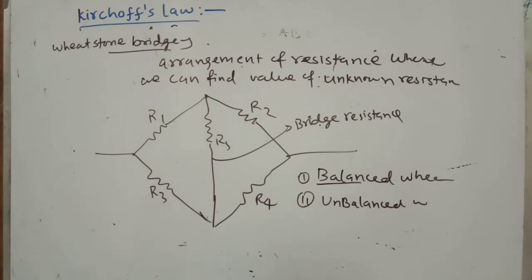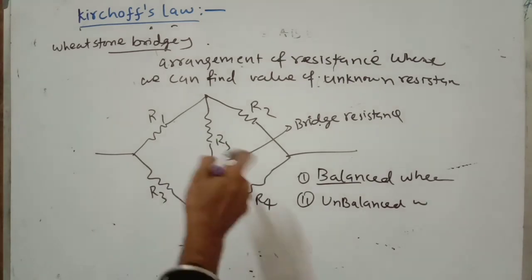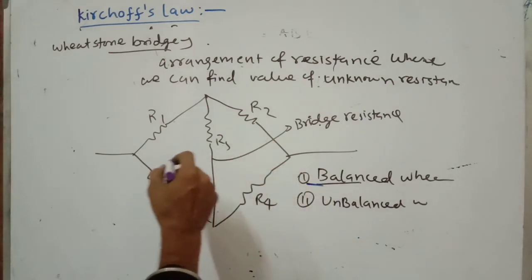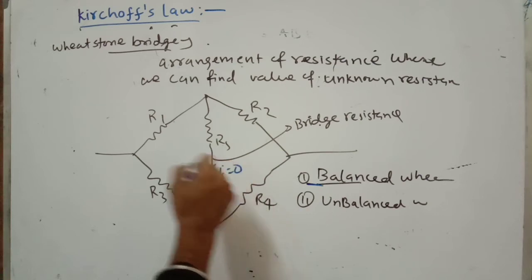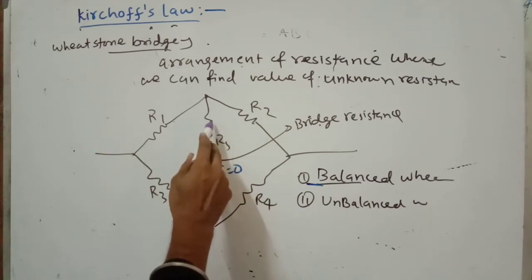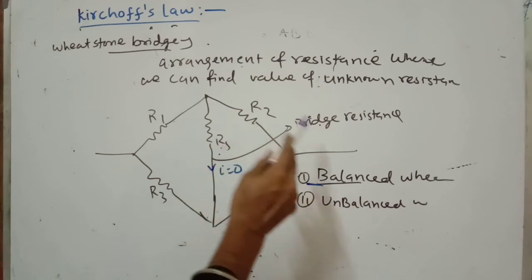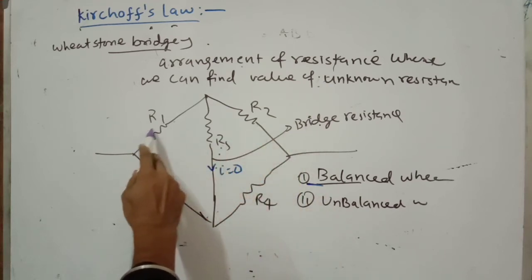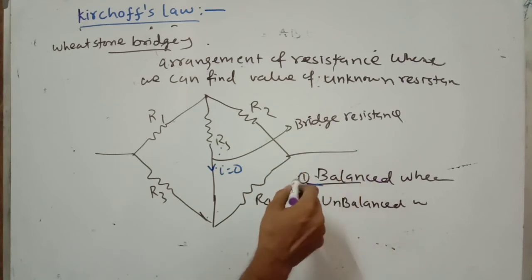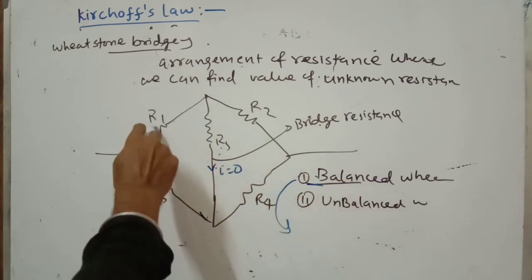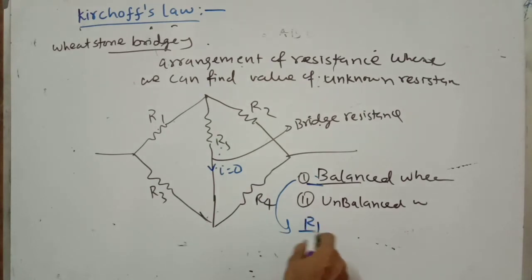In balanced Wheatstone bridge, how can you say that it is a balanced Wheatstone bridge? When the current through the bridge resistance is 0, that means there is no current flow through this bridge resistance, then it is a balanced Wheatstone bridge. Or you can say the ratio of R1 by R2 is equal to the ratio of R3 by R4.